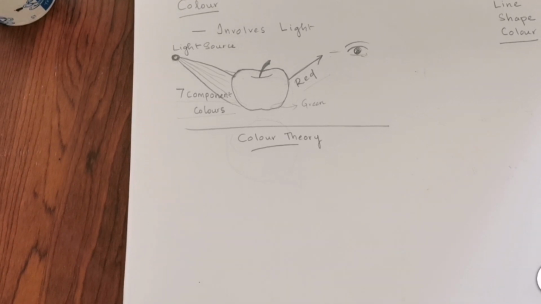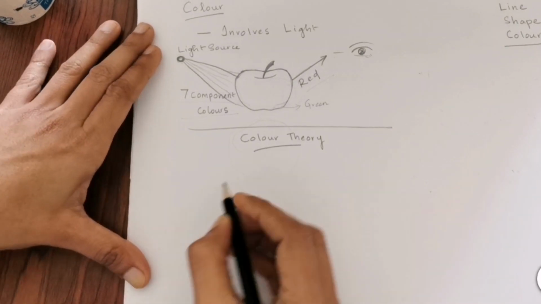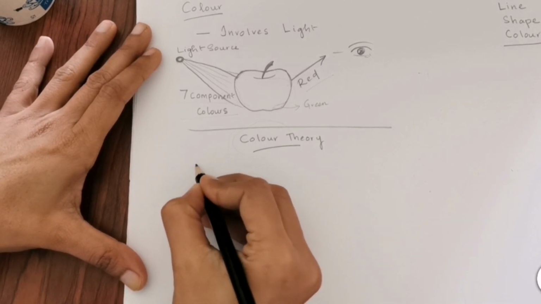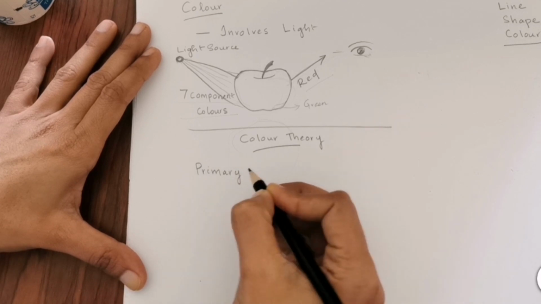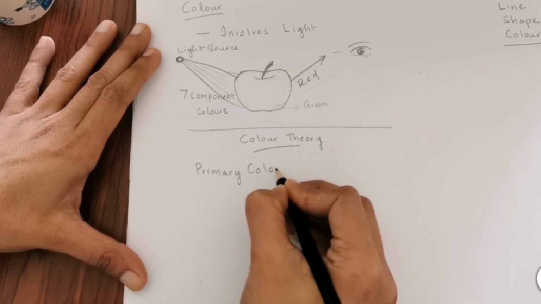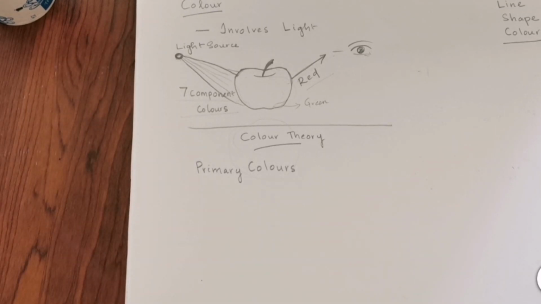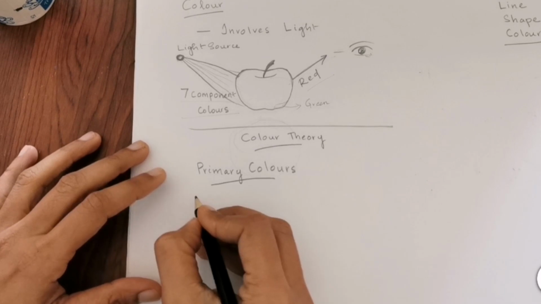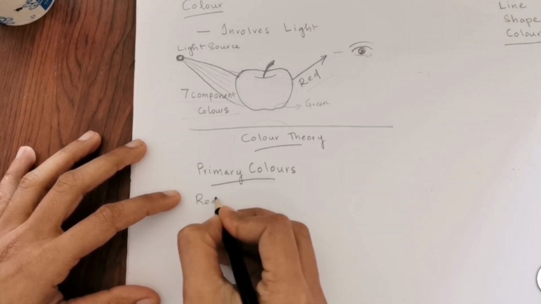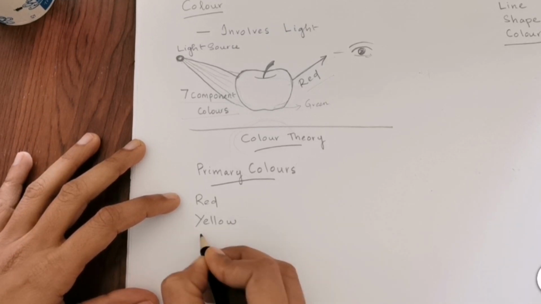So the colors we will be classifying into primary colors. In primary colors we have red, blue and yellow. These three colors are called primary colors. Why are these three colors called primary colors?